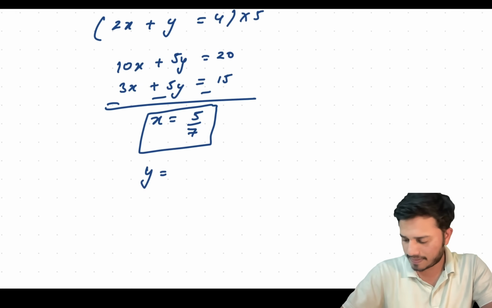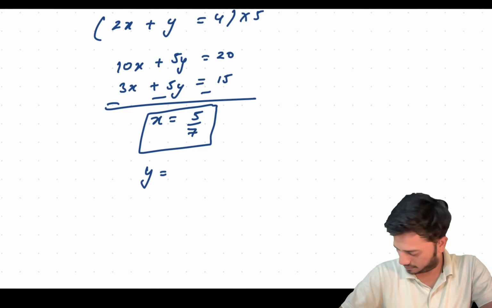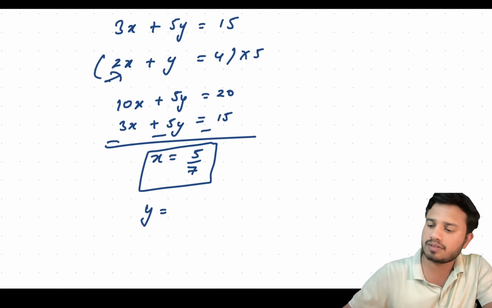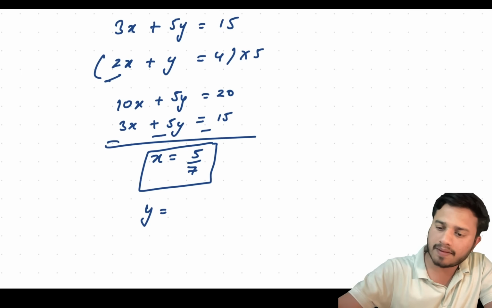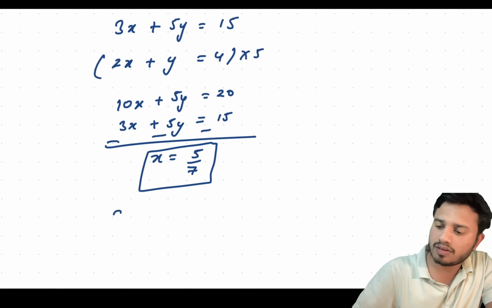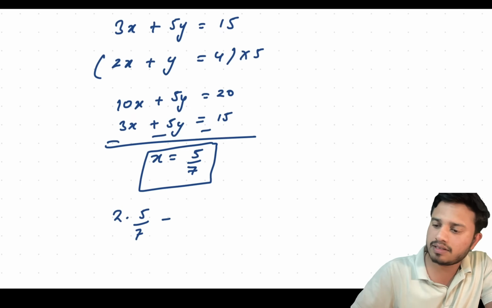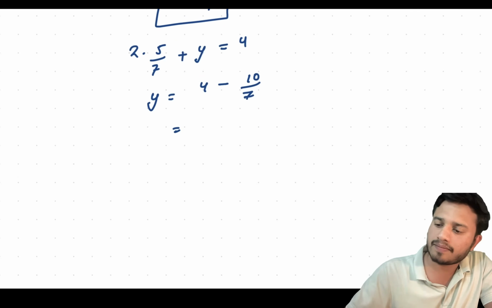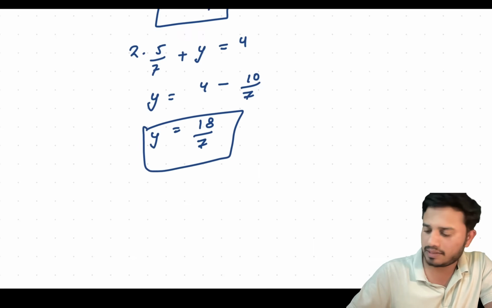Y equals to, 2 comma 7, 4, 10, y is 18 by 7.